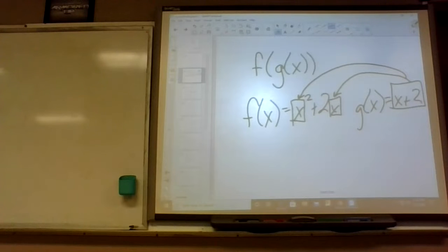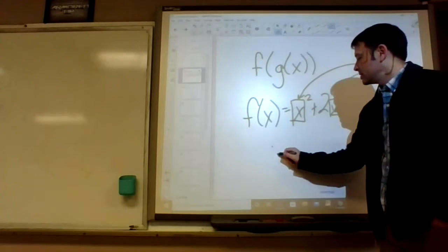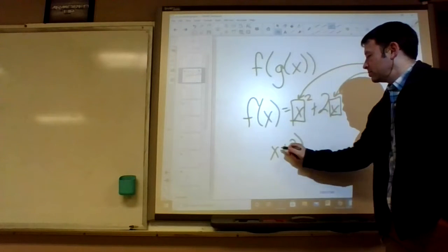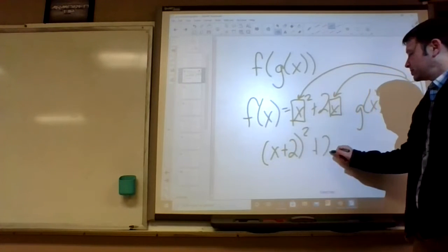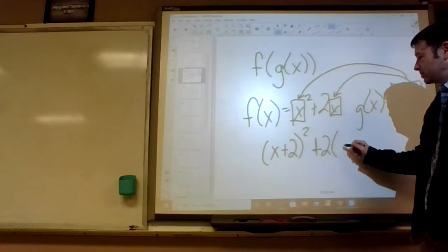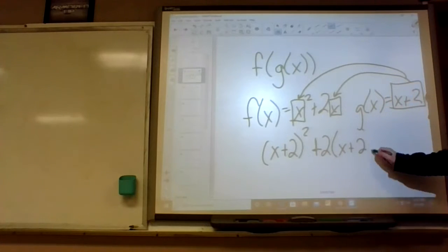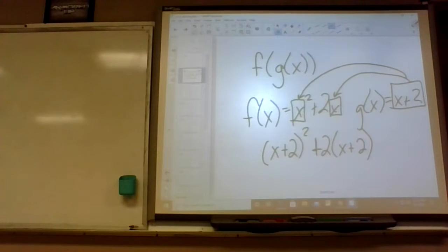Kind of a lot of work on this one. No, it's not always a lot of work, but this one kind of. So we have x plus 2 squared plus 2 times x plus 2. So far so good? Why don't you guys try to simplify that, see how that goes?